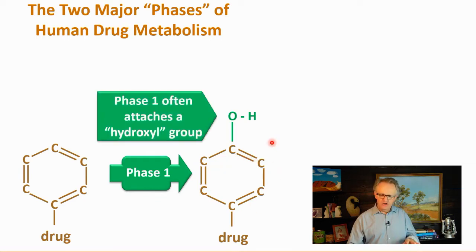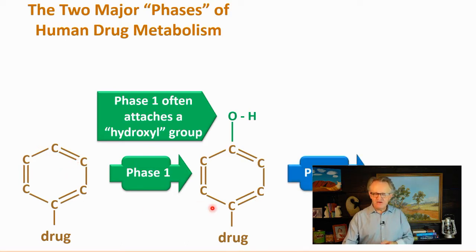Okay, so this new hydroxyl group, an oxygen and a hydrogen, is very frequently associated with processing of pharmaceuticals by phase 1 enzymes in the liver. They generate this hydroxyl group. Now, that tends to confer a little bit more water solubility on the molecule. So this metabolite has a little bit better water solubility than that parent drug. So it's a little bit less greasy.